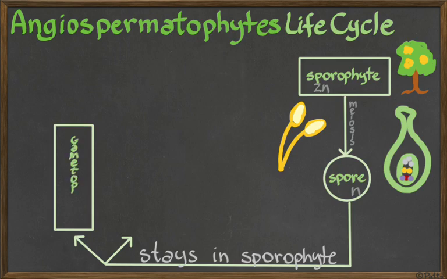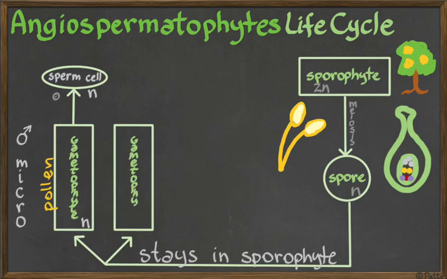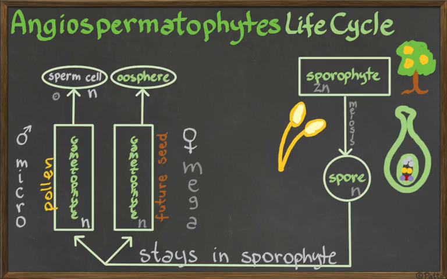And then, of course, if it was the male part, it will make a microgametophyte, which is the pollen grain. The microgametophyte will have a sperm cell in it, which is haploid as well, while the female part will make the megagametophyte, which in the future is going to be the seed. And this is going to have an oosphere, the gamete, which is also haploid.